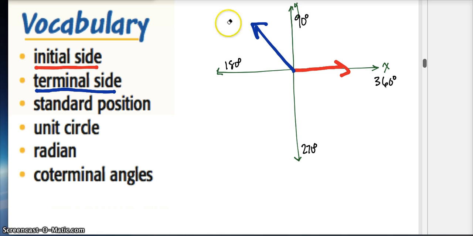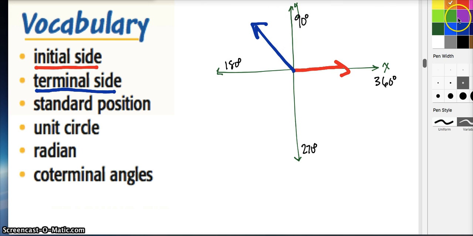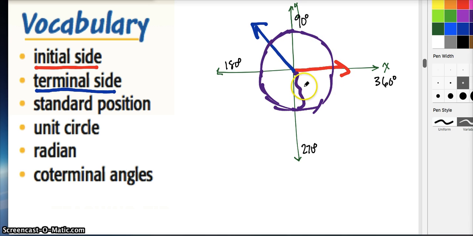So after we play around with this concept and drawing different angles, making sure that they're all in standard position, we're going to talk about the unit circle. I find the unit circle devastatingly beautiful. I know that sounds really overstated, but basically we're going to be talking about trigonometry as it relates to a circle with a radius of 1, hence the unit circle.